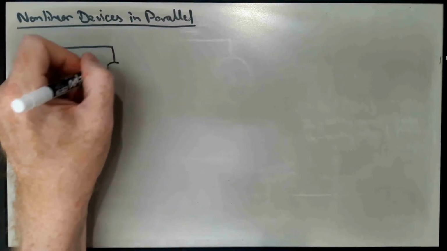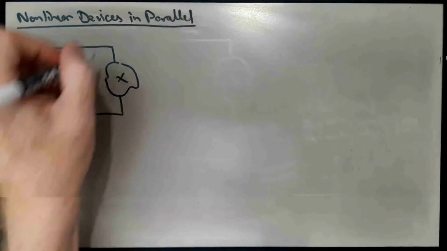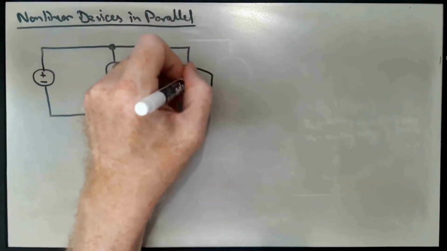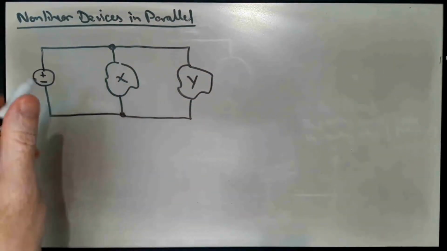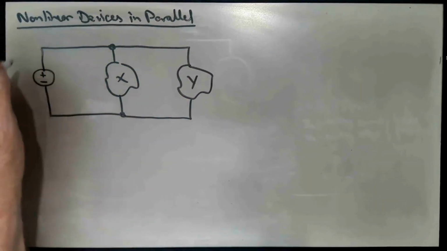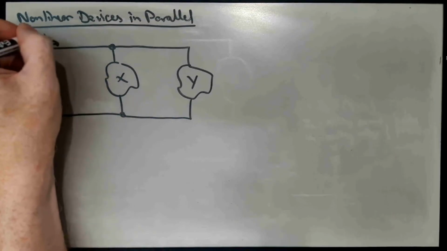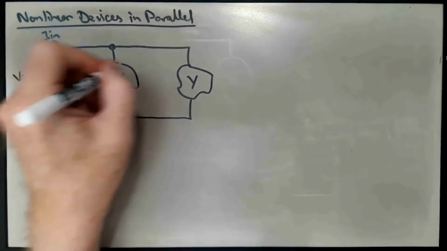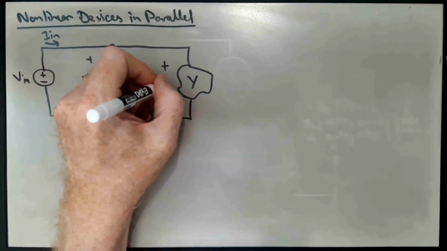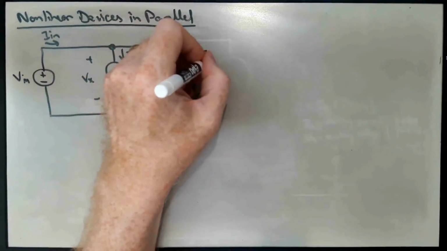And we've got two devices, X and Y, connected with each other in parallel. And I've got some voltage here, Vn, In. I've got Vx and Vy, and there's some Ix and Iy.